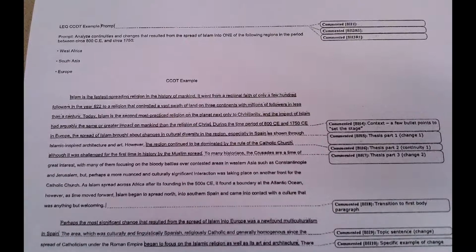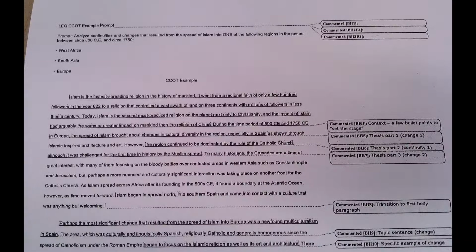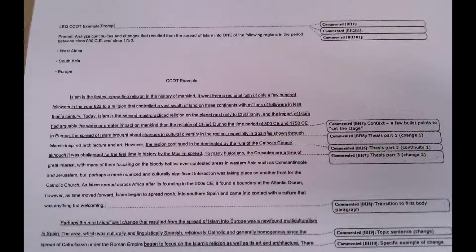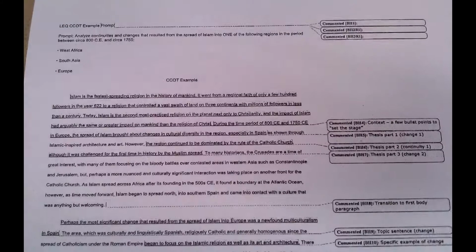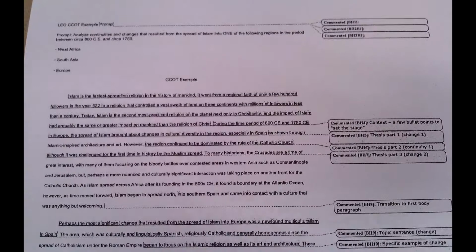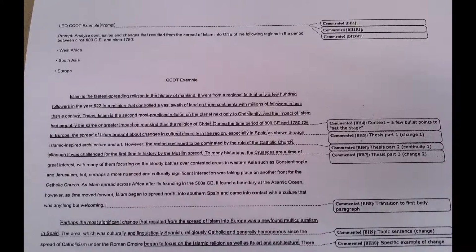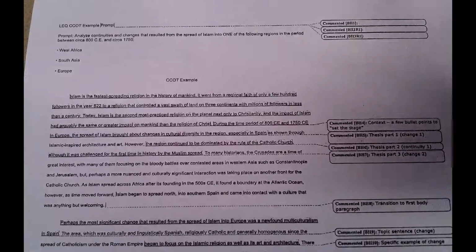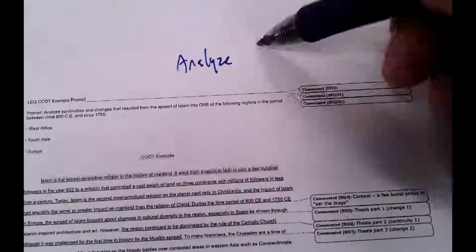It says, analyze continuities and changes that resulted from the spread of Islam into one of the following regions in the period between 800 CE and circa 1750. And so a way that would be written differently for the new exam would just say analyze continuities.